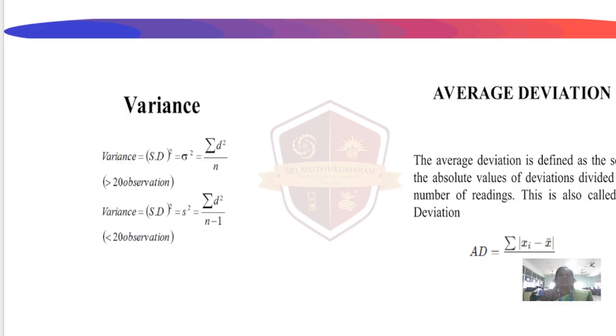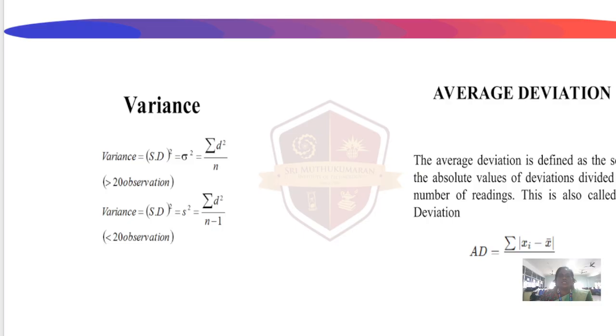Now let us see variance. Variance is defined as the square of the standard deviation. It represents how widely the readings are spread from the mean value. For a large number of observations, variance is given by sigma square equal to sum of d square divided by n. For a small number of observations, variance is given by s square equal to sum of d square divided by n minus 1.